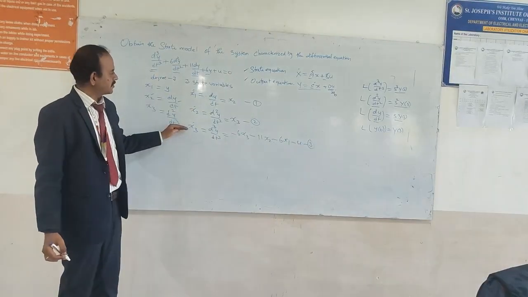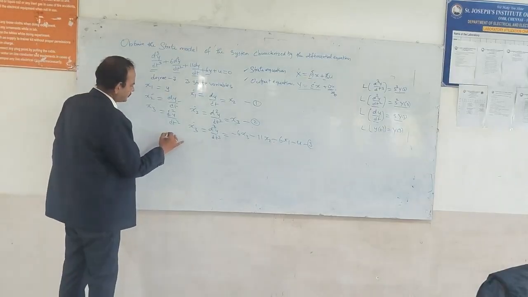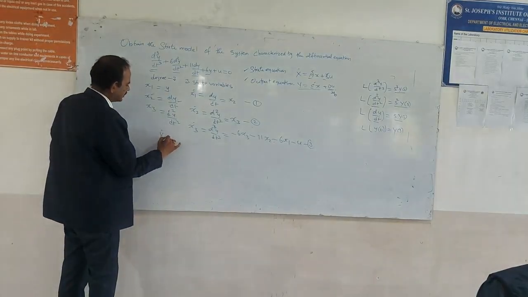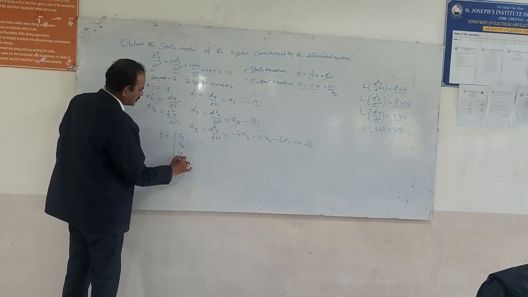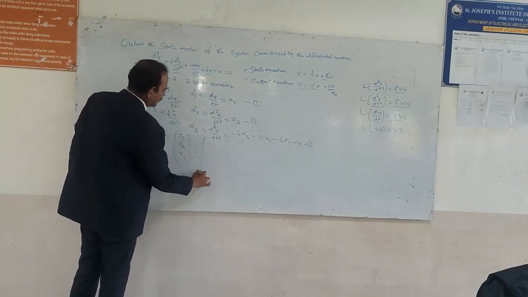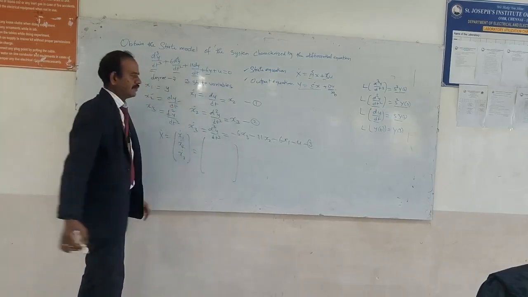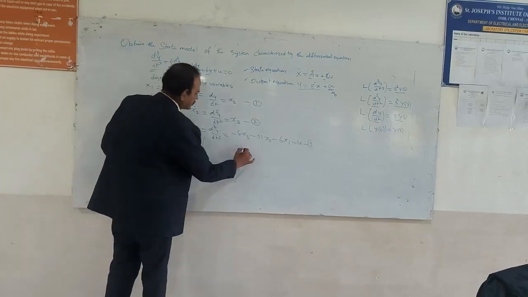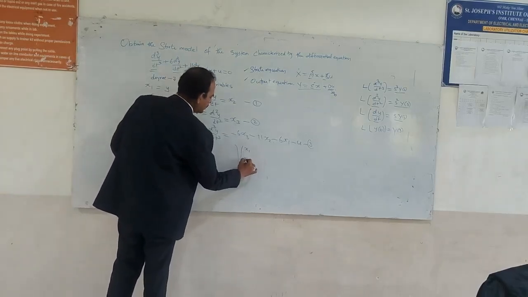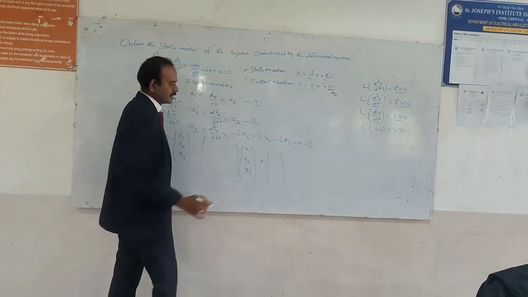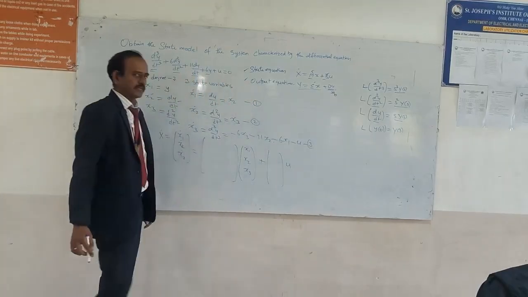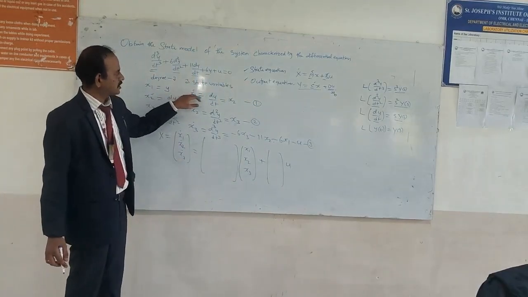From this, form the matrix of x dot, that is x1 dot, x2 dot, and x3 dot. Since there are 3 state variables, the A matrix is 3 cross 3, multiplying x1, x2, x3, and B is 3 cross 1, giving Ax plus Bu. Now see the first equation, x1 dot equal to x2.